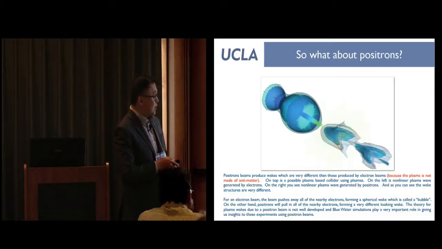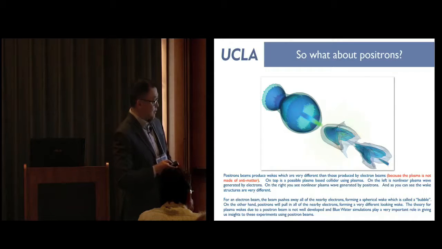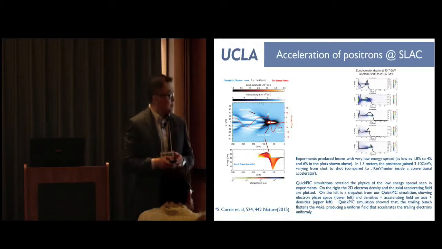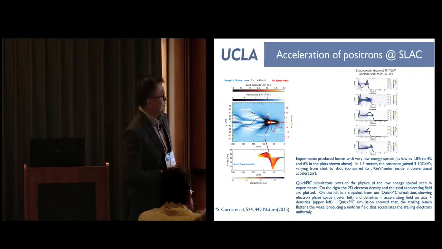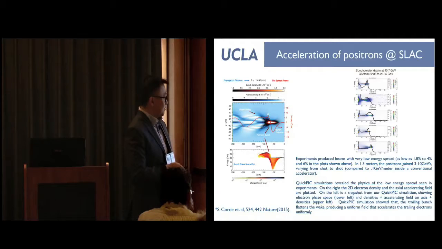So for these positron experiments, we rely very heavily on the simulation results to give us insights. On the right, you see a series of shots down at SLAC, and this result was published last year in the journal Nature.